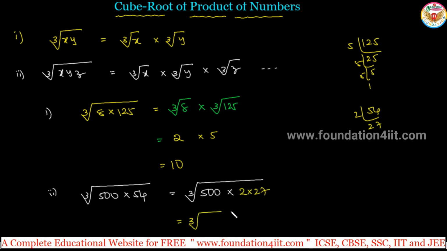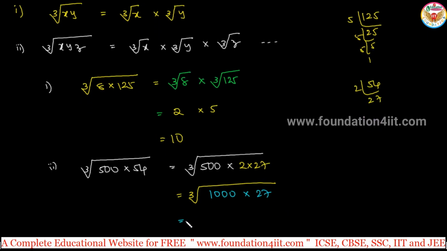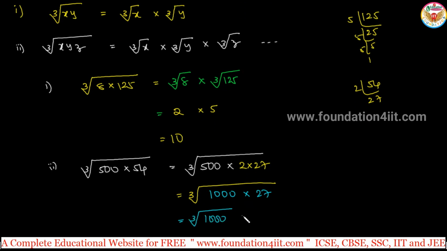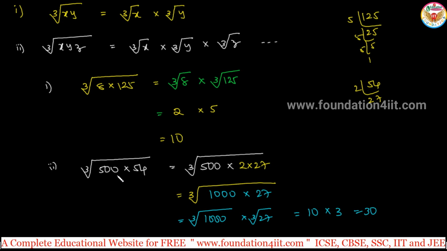Now 500 into 2 is 1000, and 1000 is a perfect cube, into 27, which is also a perfect cube. If you get perfect cubes, we can stop, so cube root of 1000 into cube root of 27. Cube root of 1000 is 10. Cube root of 27 is 3. So 30 is the answer. Instead of multiplying 500 into 54 and doing a lengthy prime factorization, we can make it into parts.